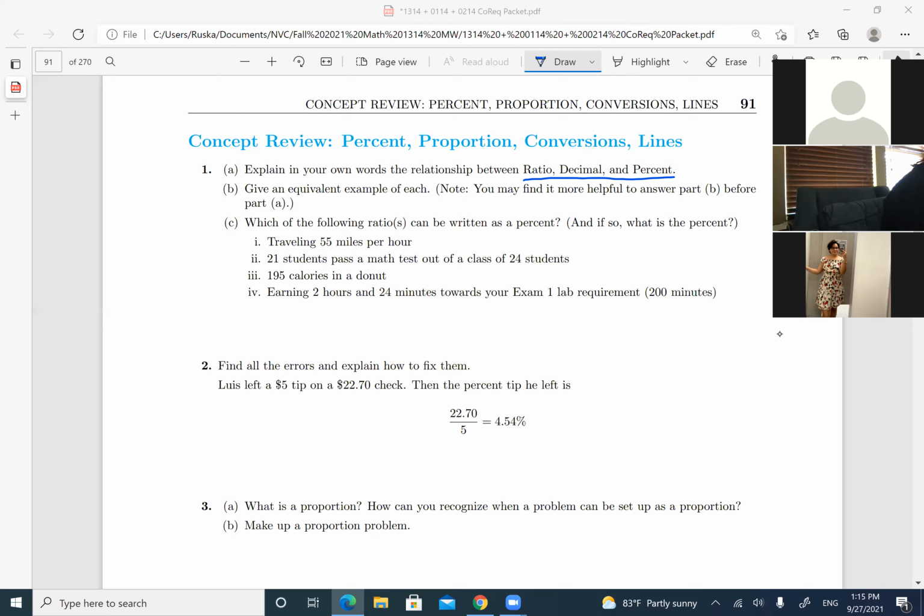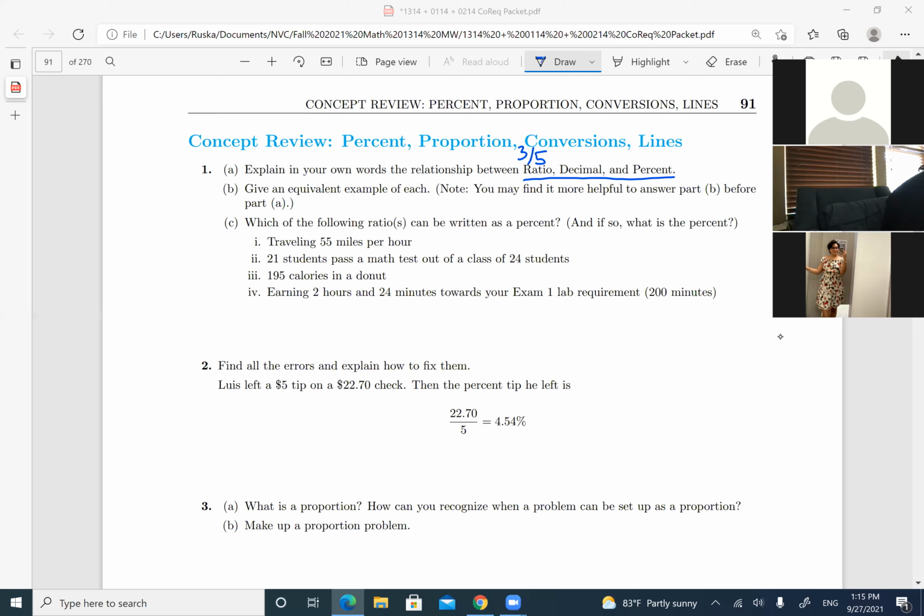An example is basically like 3/5. Yes, somebody said 1/3. That's right. 3/5. Let's do that. 3/5. Okay, what is decimal? Decimal number.